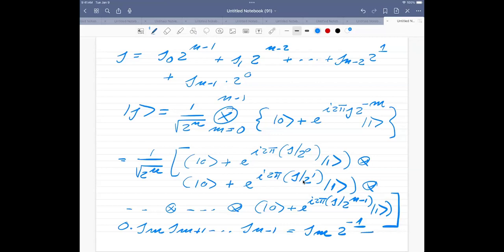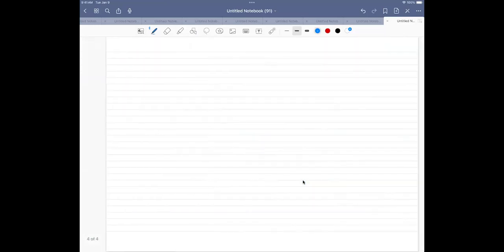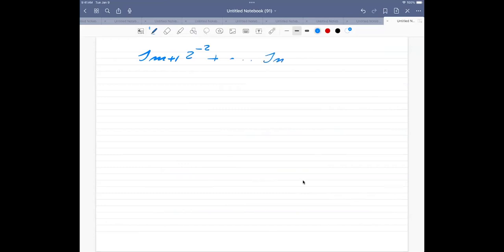Okay, so let me just continue this one. So this is plus, and I hope everybody's gotten it, so I can switch side. So I would have a j of n plus 1 times 2 to the power of minus 2, and this goes all the way up to j of n minus 1, and then this is multiplied with 2 to the power of minus n minus m. And I have assumed that n is larger than m.